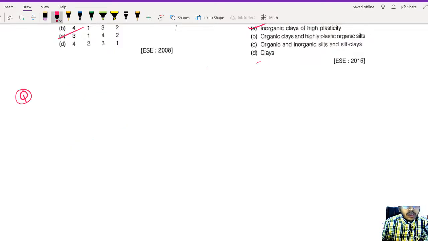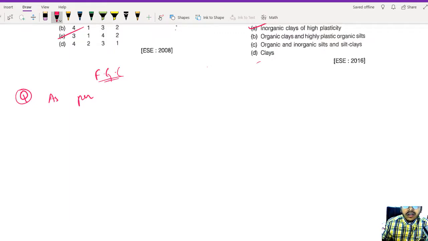Please write down. Now let us solve a question based on our fine grain classification. Okay, we will do a question on fine grain classification because all the questions we did were on coarse grain, right? So there is a question for fine grain as well. As per Indian standard soil classification, very important question.